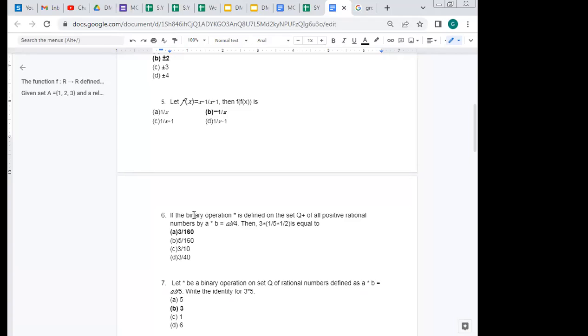Means f of x equal to (x minus 1 upon x plus 1) minus 1, upon (x minus 1 upon x plus 1) plus 1. Like this it will be. Evaluate that one. What value comes? Minus 1 by x. Yes, it comes as minus 1 by x. All of you are doing this or not?